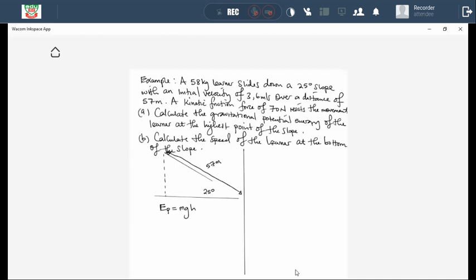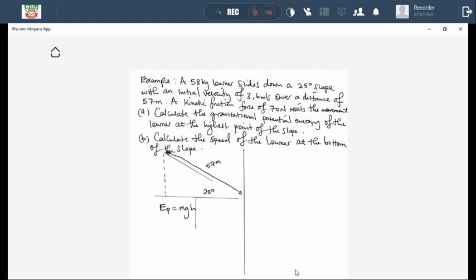But we can see that this is a right angle triangle, so we have the hypotenuse and our angle theta. We can easily get our opposite side using our trig ratios, SOHCAHTOA. So we can quickly calculate the height separately.